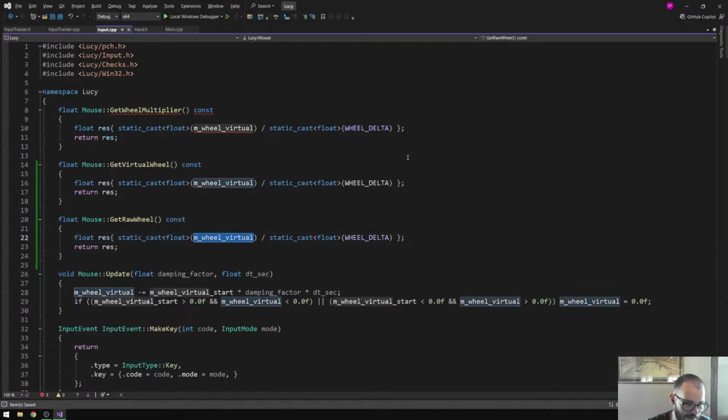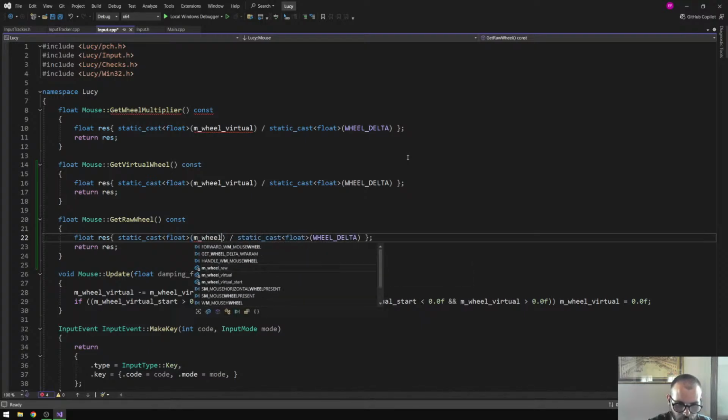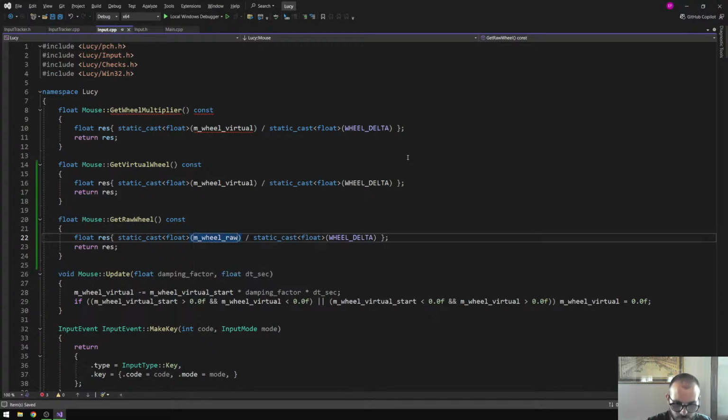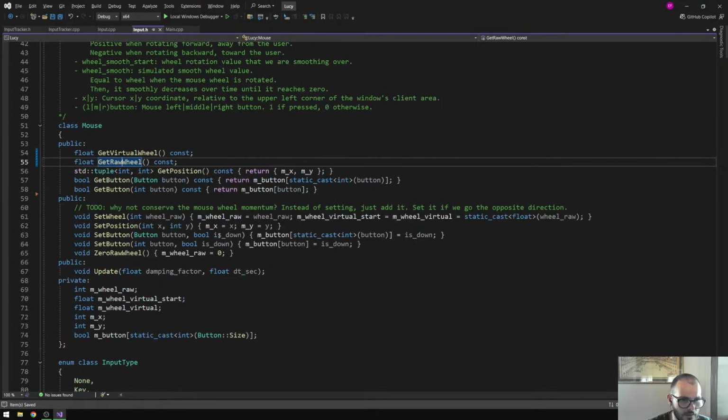We don't really need the raw wheel value. This thing right here doesn't really matter. So these two, get the position, get the button, set the wheel. Okay, this is the raw wheel.